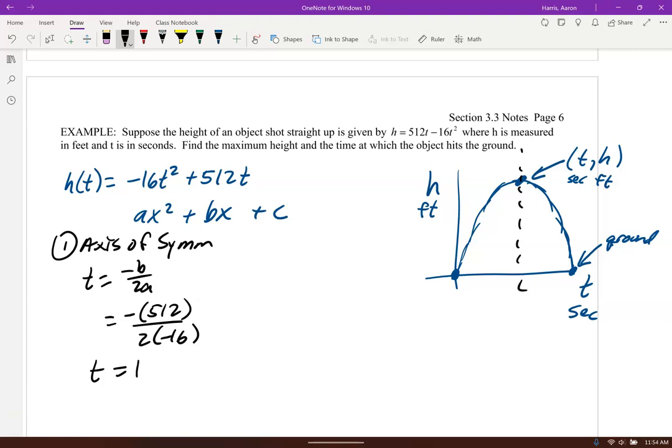Looks like I got 16. So this is a time of 16. At 16 seconds is when it has its maximum height. So let's go ahead and find the vertex now by plugging in t being 16, and find the maximum height.